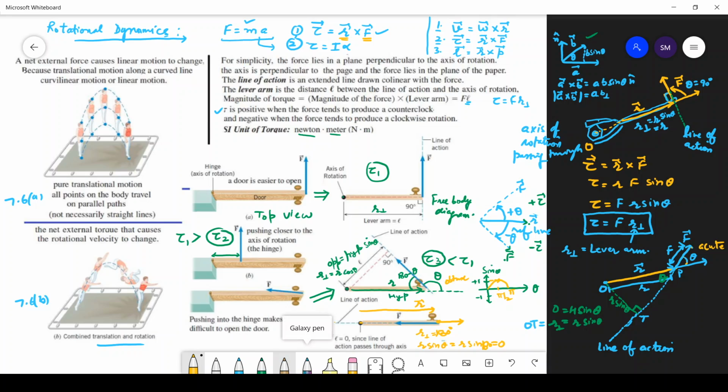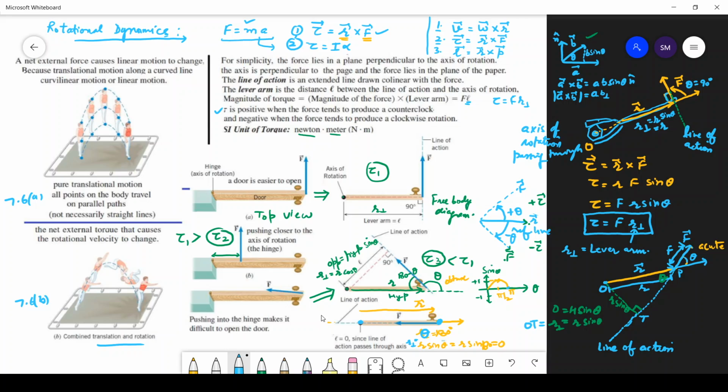You are applying the force towards this direction, so here theta is 180 degree, and your r perpendicular, which is r sine theta, is r sine 180 degree. Sine 180 degree is also 0. Got it?